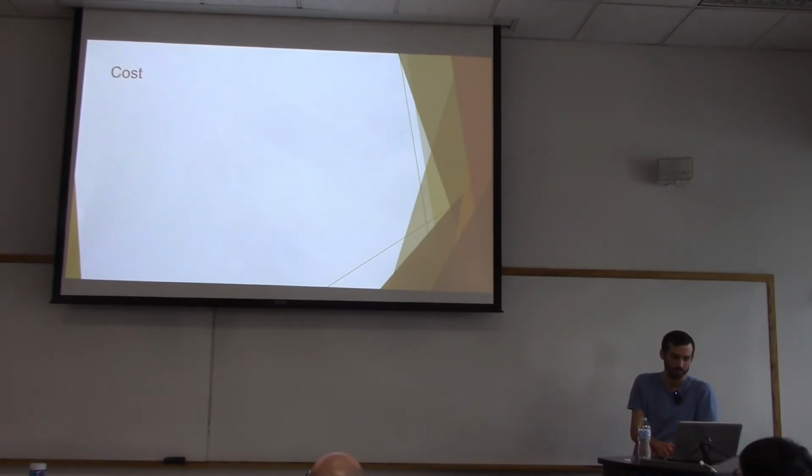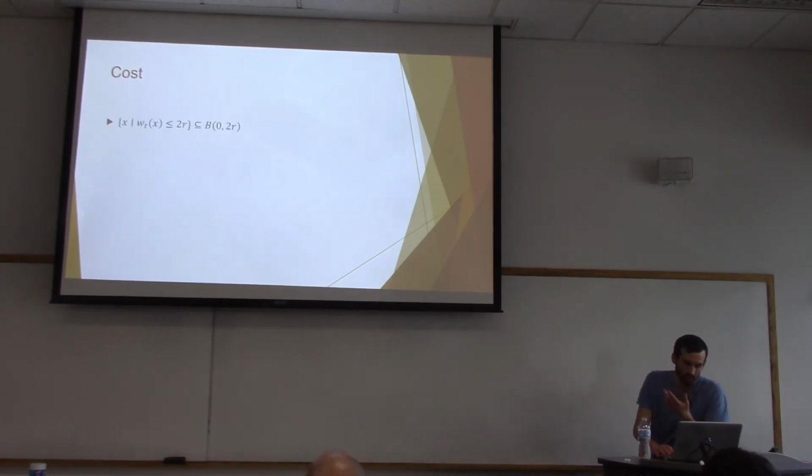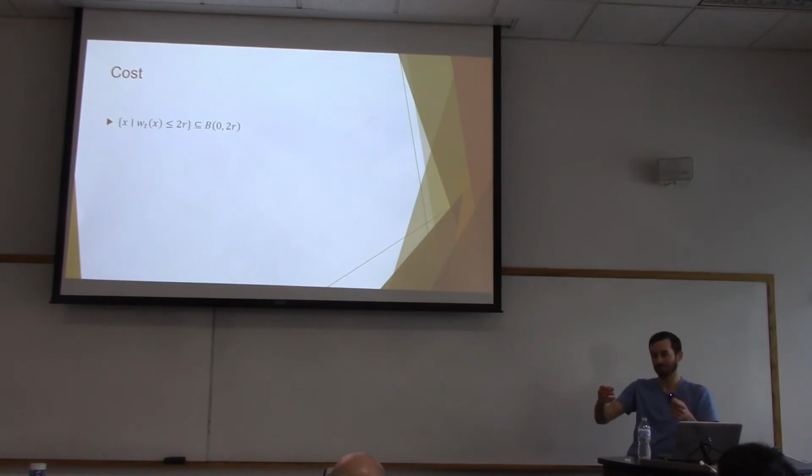For the second one, the key fact here is that the set that I'm chasing, the sublevel set, is contained in a ball of radius 2r centered at the origin, because anything that's further than 2r away, I have to pay more than 2r just to get there from the beginning of time. And of course, it's only going to increase over time.